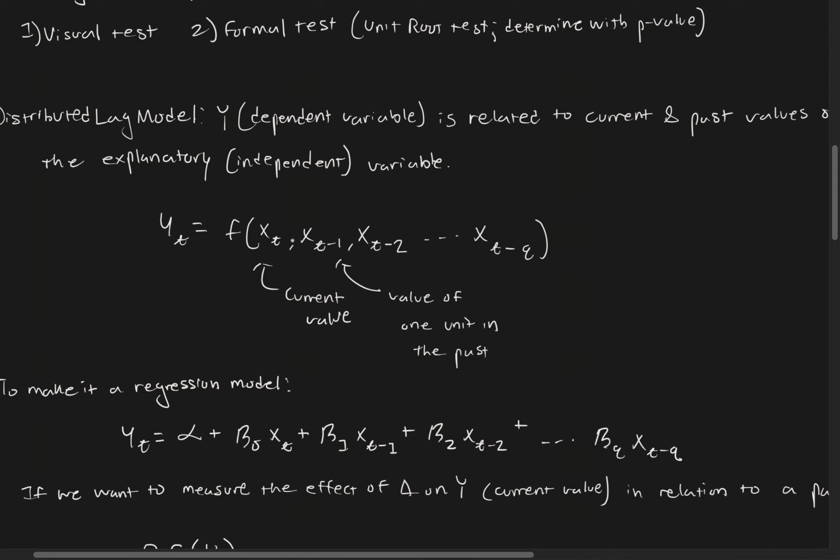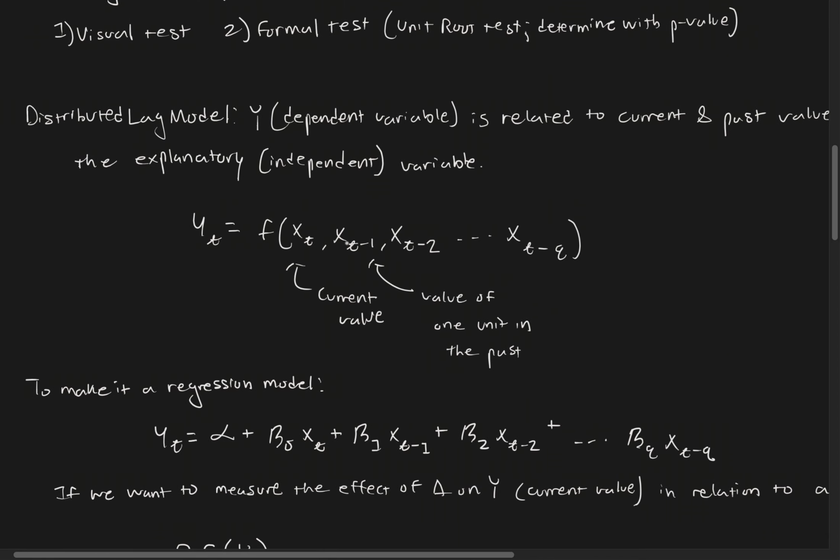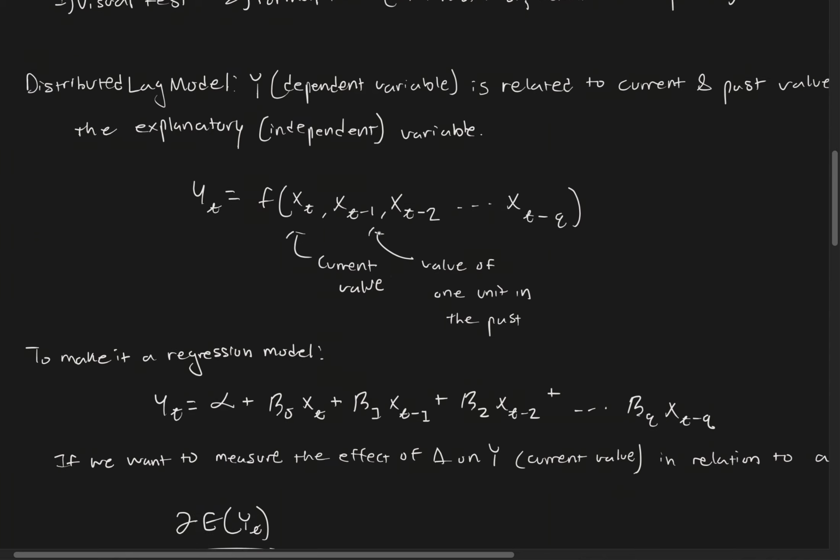So let's say we're looking at the GDP of a certain country. The y can be the GDP, and then the x can be the income. So the average income of a country, 1 unit in the past. Maybe 1 unit can be a day. So this can be the income yesterday, this can be the income today, and 2 days ago, and so on. Just an example.